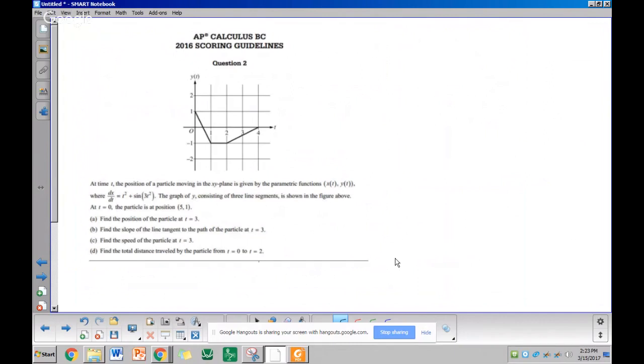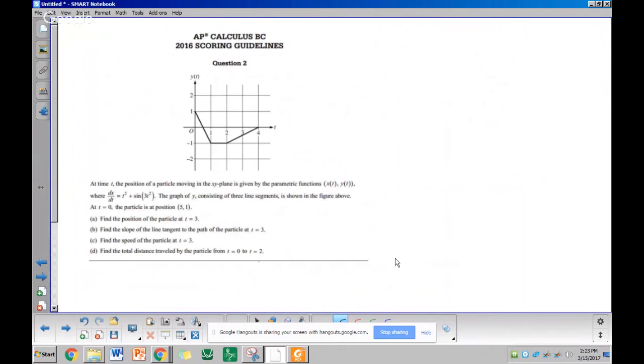This is question number 2 on the 2016 exam, which means it's calculator active. This question states, at time t, the position of the particle moving in the xy plane is given by the parametric function x of t, y of t, where dx/dt is equal to t squared plus sine of 3t squared.